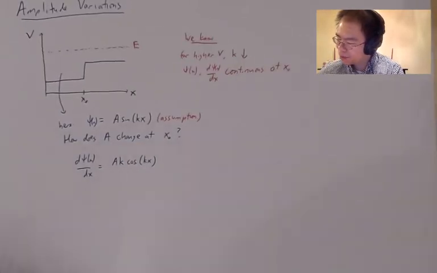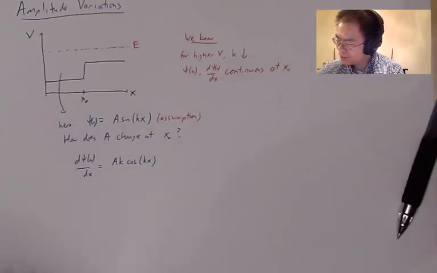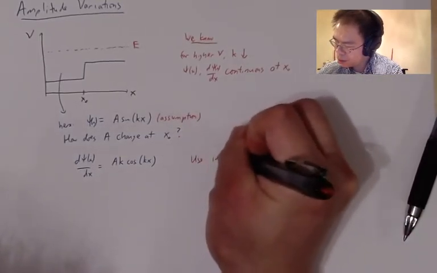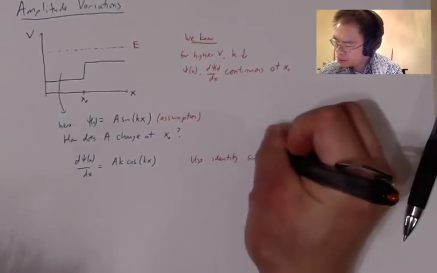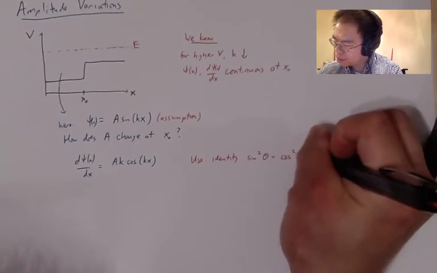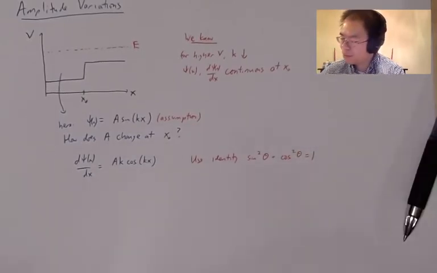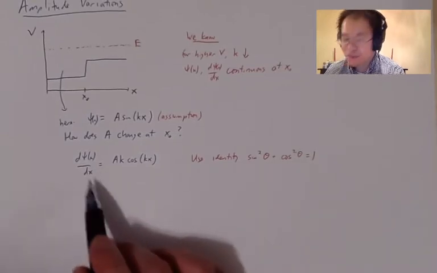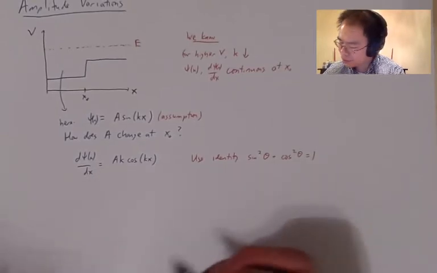We know that there's this Pythagorean identity, sine squared plus cosine squared equals 1. And we might get something like this if we square both sides of this.